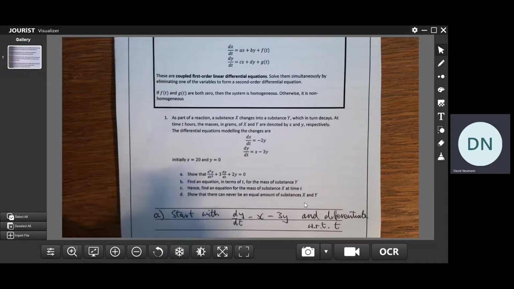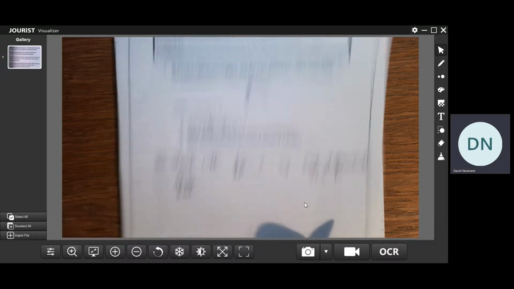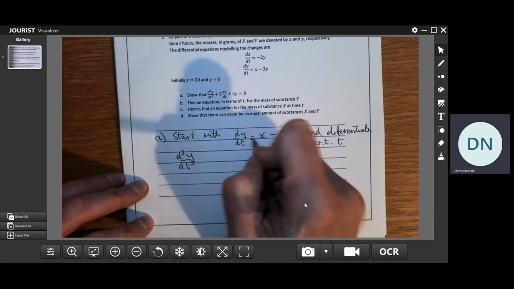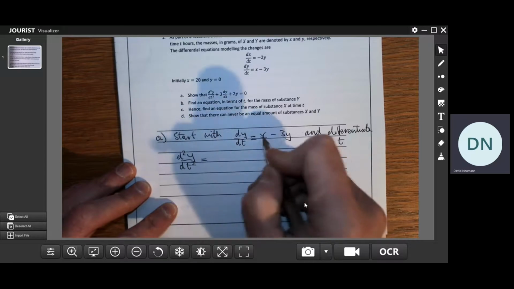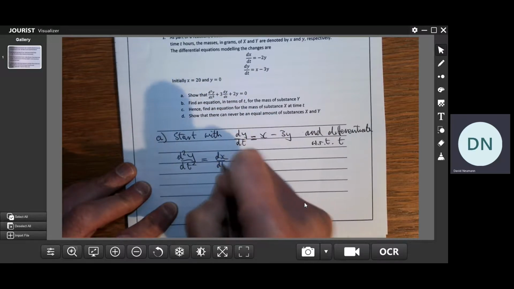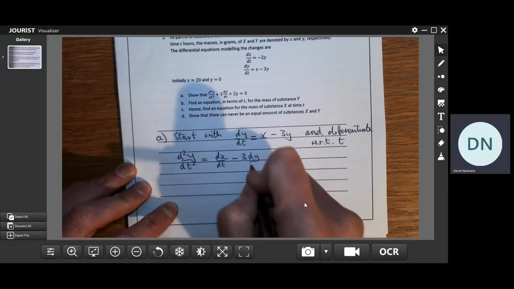So on the left hand side, what we're going to get is d2y by dt squared. On the right hand side, differentiate x, we get dx by dt minus 3 dy by dt.